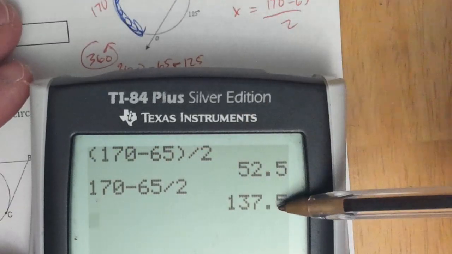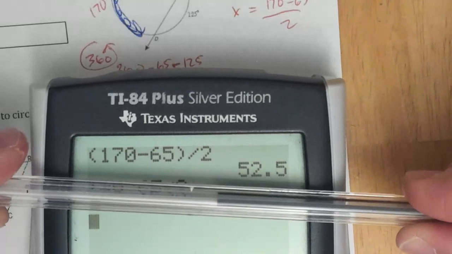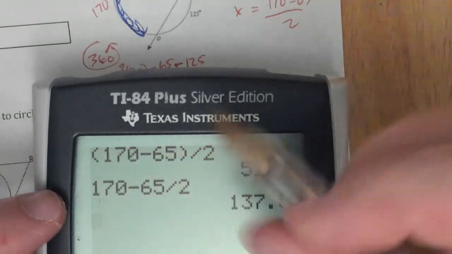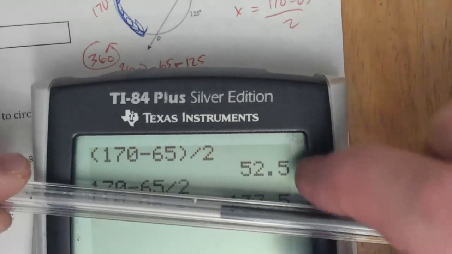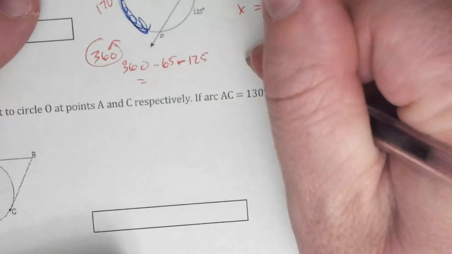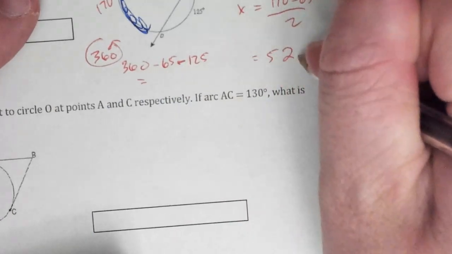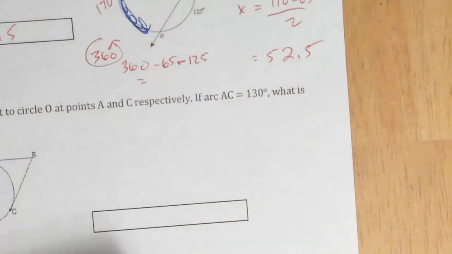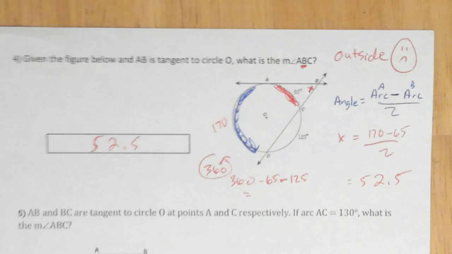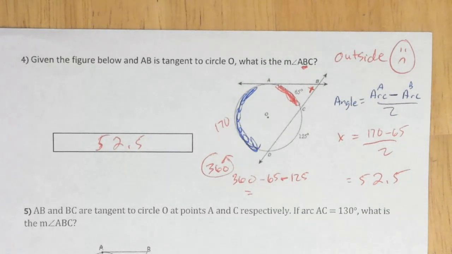Yes, no. So this one is wrong, okay? Because what it did was it only divided the 65. I need to divide the whole thing. So this one's wrong. This is correct. So 52.5 is the answer. So we get 52.5. Awesome. And that right there is the answer to number 4. All right. Fabulous. Number 5.